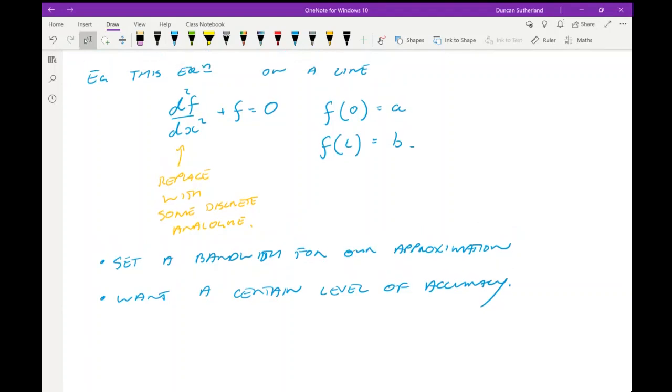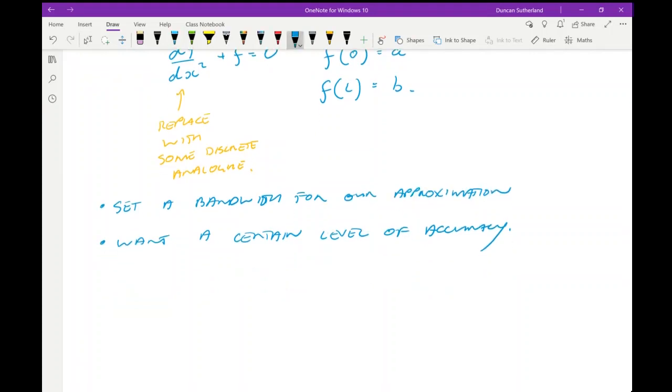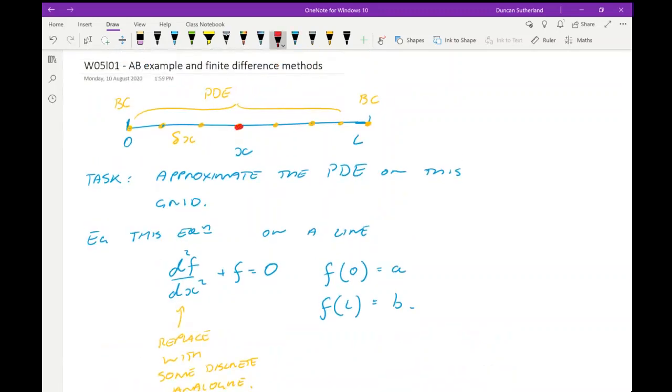When we say set a bandwidth for our approximation, we're going to pick some point xi, so that's this one here, say. We're going to use information from xi minus 1 and xi plus 1. We don't actually have to choose these two. We could just choose one of them, or this one and this one. It doesn't actually matter; that's our choice.